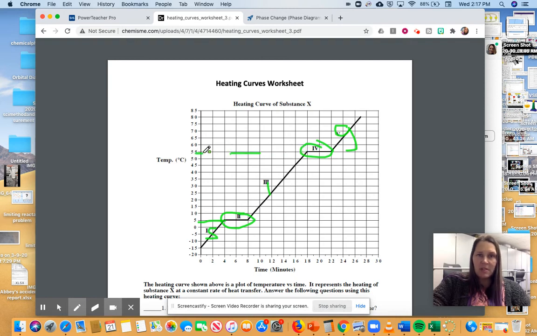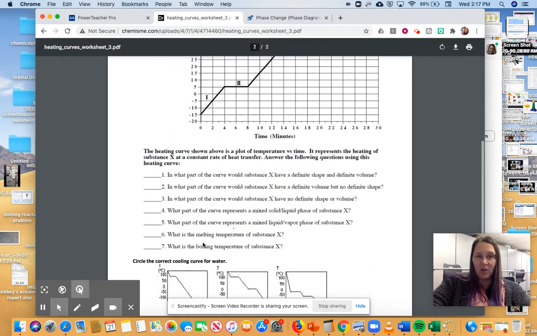And for this, the substance boils at 55 degrees Celsius. So when we're looking at heating and cooling curves, you want to first ask yourself, am I looking at a heating curve or a cooling curve? And in this case, we know it's heating because we can see that the temperature continues to rise on this curve. All right, we are now going to look at a cooling curve.